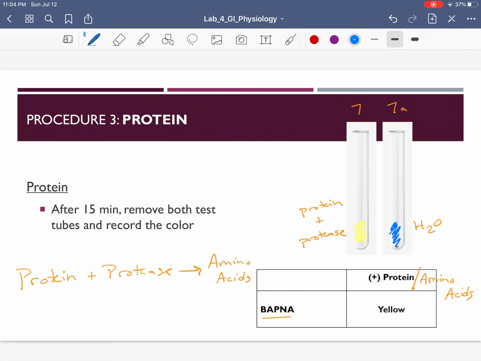I would say yes. So what we just did is we watched chemical digestion happen right before our very eyes. Simple. We take the protein and we add the enzyme and we wait. And if we're left with amino acids, chemical digestion happened. Boom! And it was assisted or sped up by the enzyme.